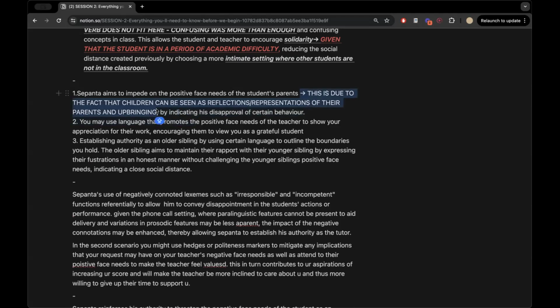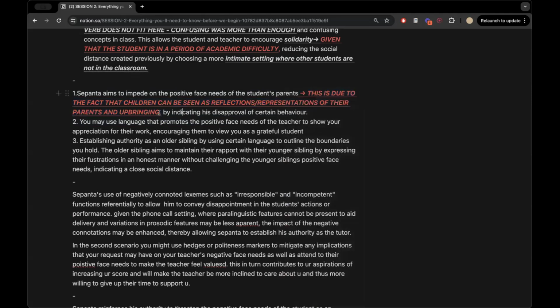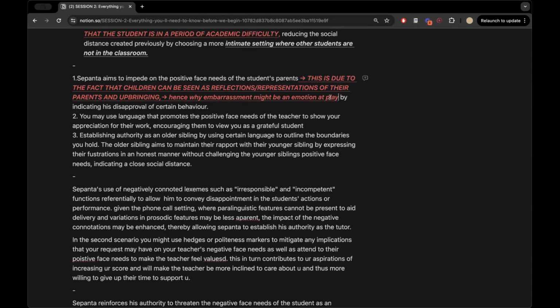So therefore, it can reflect badly on them and affect their positive face needs to be respected and liked. And that's why they might feel embarrassed. Hence why embarrassment might be an emotion at play here. Now, notice how important it is to have a high emotional intelligence, right? And really think through empathetically about how people feel and what certain language achieves in the real world, right? Huge pointers here.